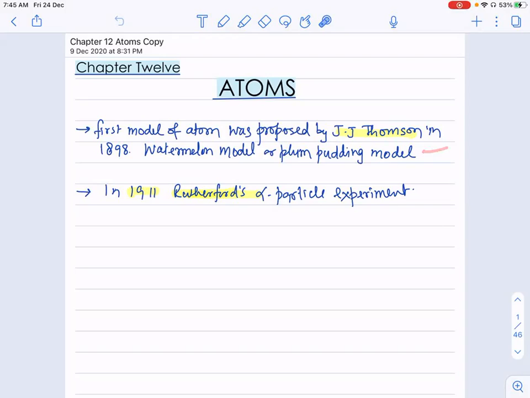But later on, Rutherford got the intuition that no, there must be something else. So he was of the opinion that protons must be at center and electrons must be revolving around it.